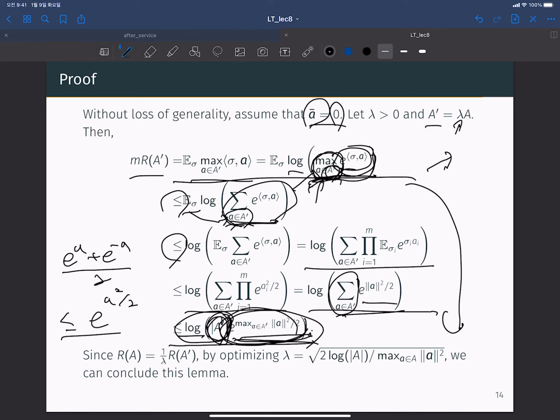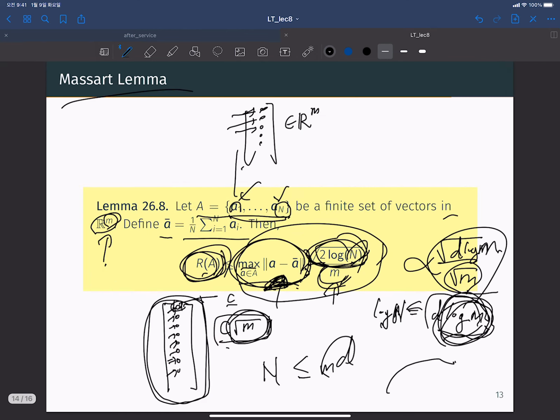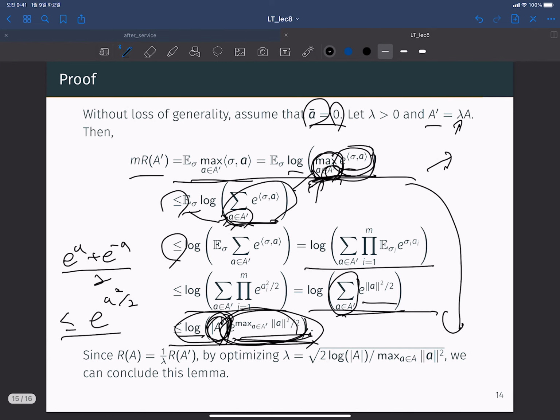Okay, that is the key trick to show the Massart lemma, and for the proof we use a very important trick: max is always bounded by summation, and summation is always bounded by cardinality times max.